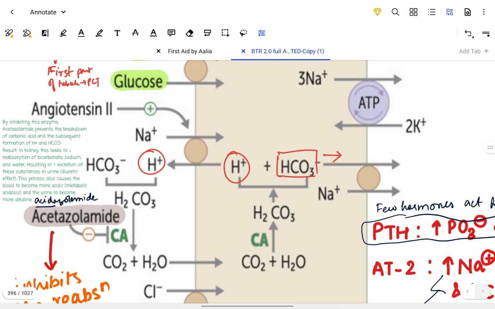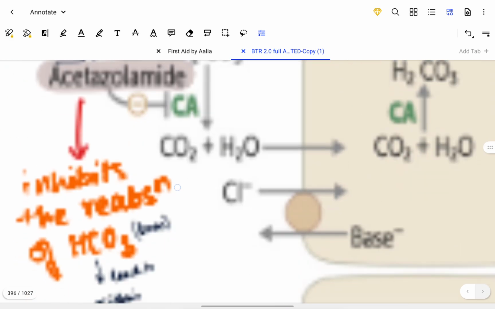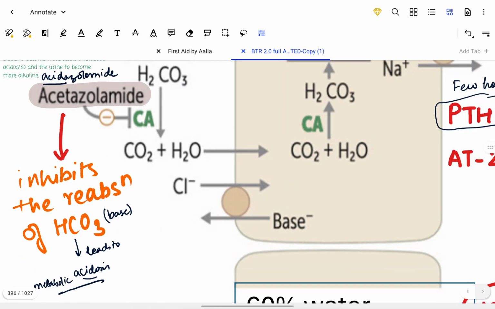Bicarbonate is not being reabsorbed. Bicarbonate is a base. If it is not being reabsorbed back into the blood, the base is not coming back into the blood, so the blood becomes acidic. So acetazolamide inhibits the reabsorption of the bicarbonate base, so it leads to metabolic acidosis.